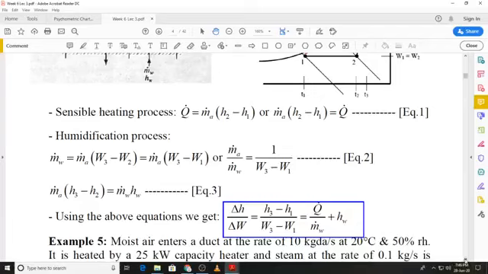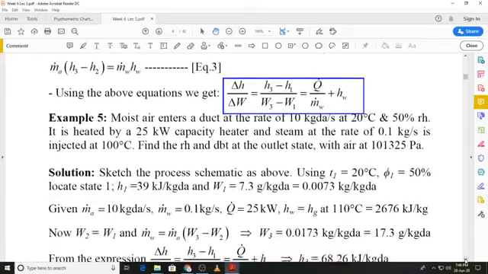Based on these equations, we can again go through an example.